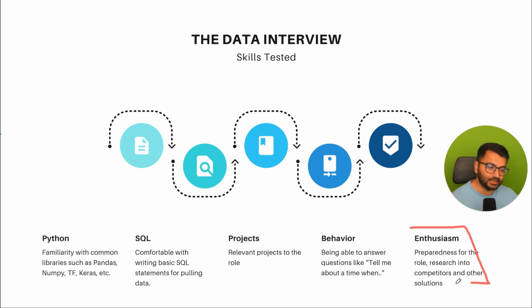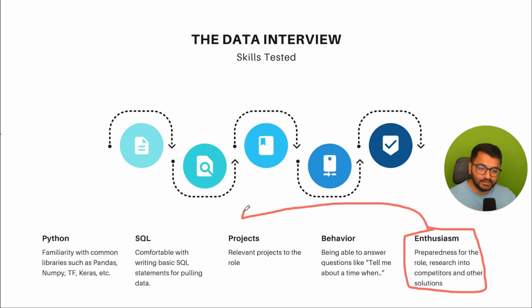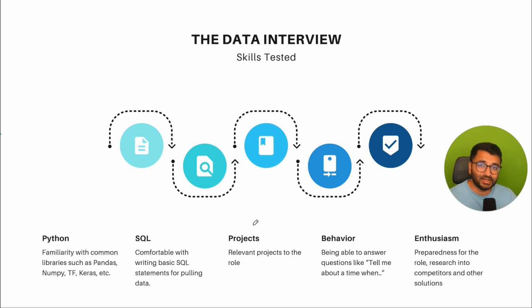And the last thing that they'll also want you to have is some enthusiasm for the role. So it doesn't hurt to just do some research on the company. For example, imagine that you're applying to a startup company. It's always going to be beneficial if you do some prior research on the company, the type of role, the type of problems that they deal with. It's going to be a major plus if you can do some research on the company and then maybe even create a demo project for the company, which you can then present in your call with the hiring manager.